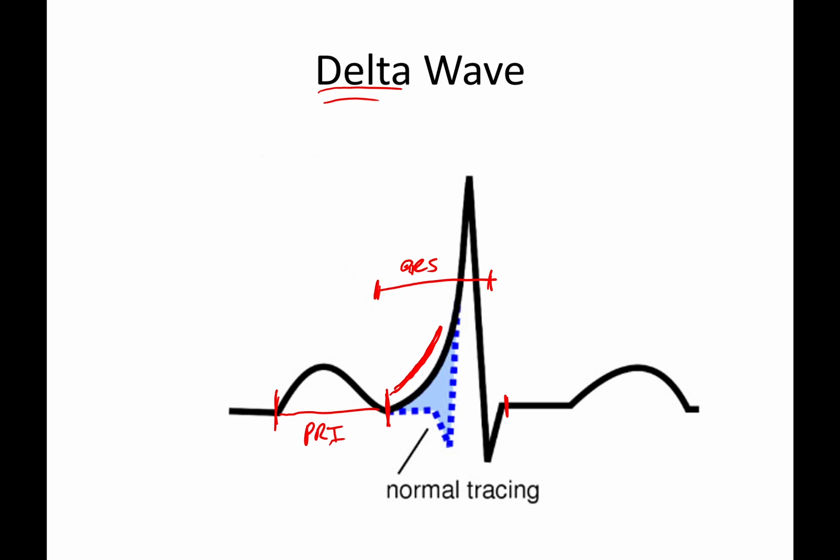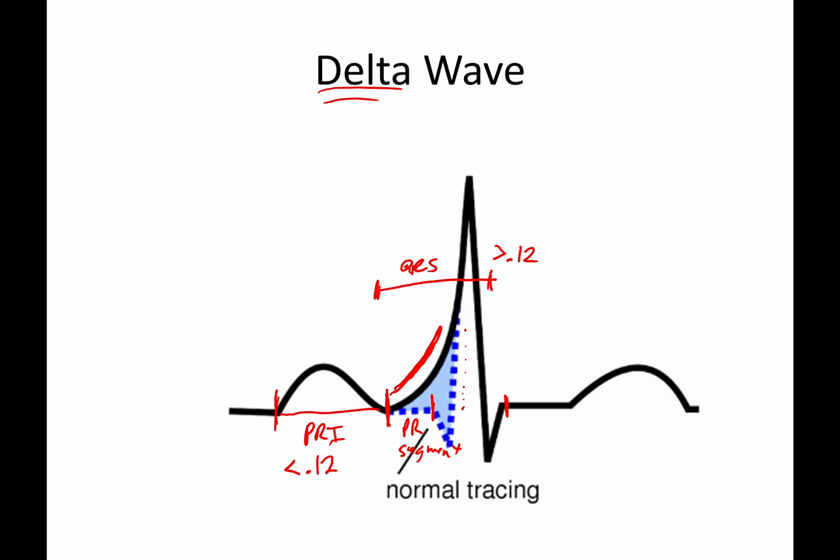And so what happens is we've lost this section here, which is your PR segment that normally occurs. And then we've also lost that nice sharp upward deflection of our R wave. And what that does is then creates a situation where you have a short PRI that is less than 0.12 and a longer QRS that is greater than 0.12.